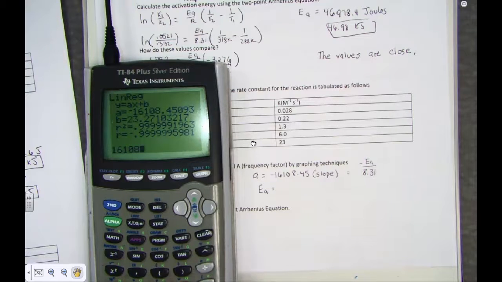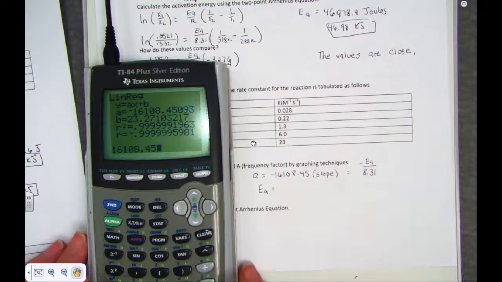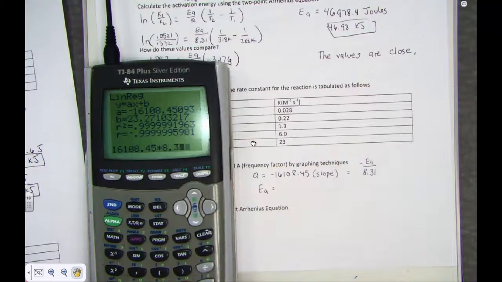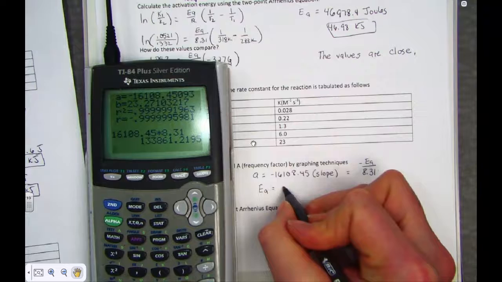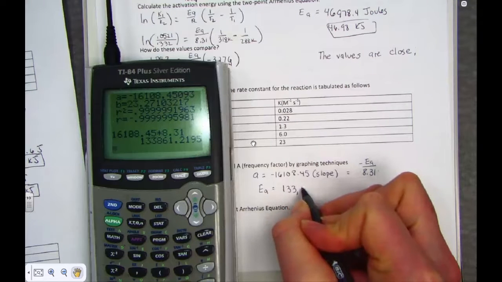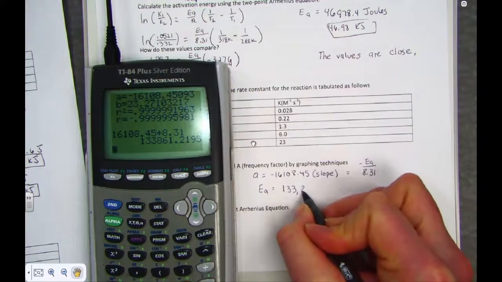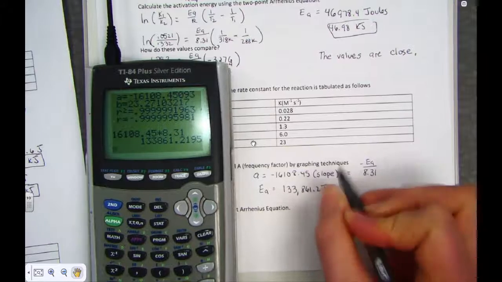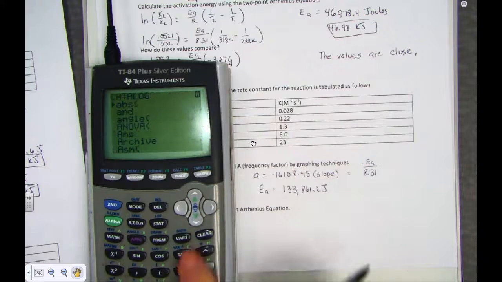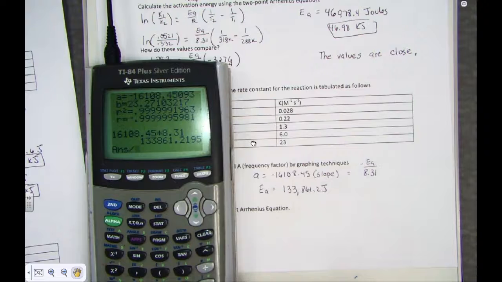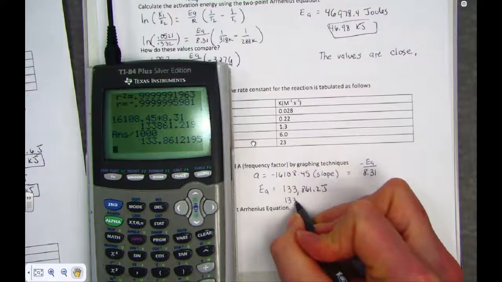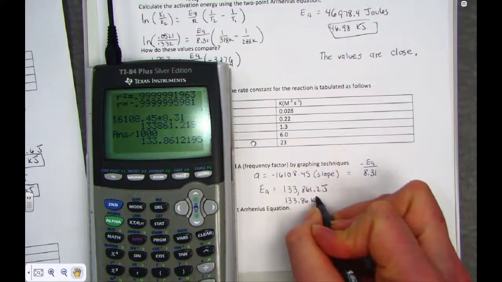So 16108.45 times 8.31, and we get 133,861.2 joules, or if you prefer, 133.86 kilojoules.